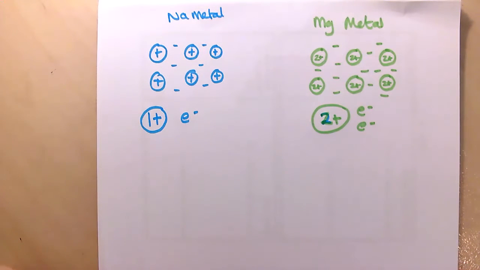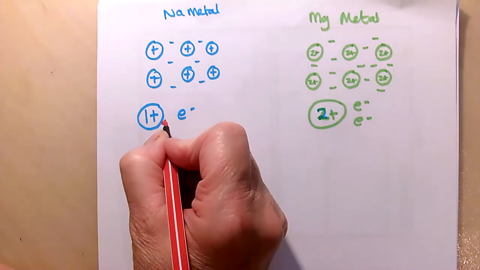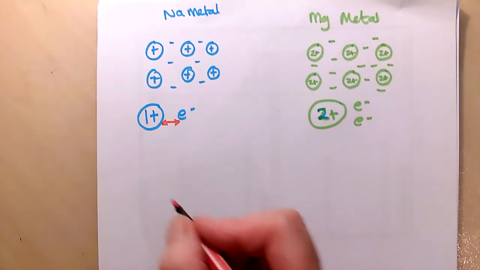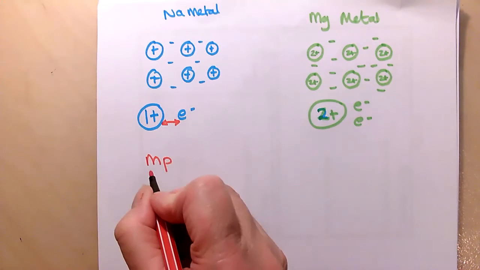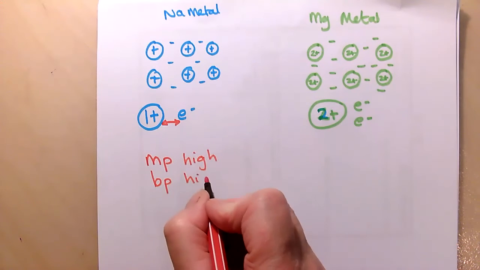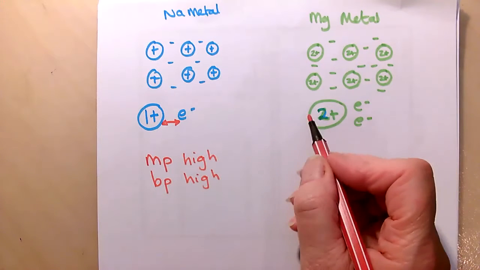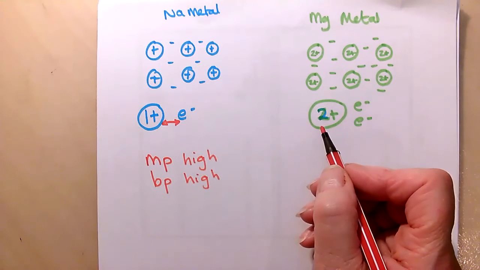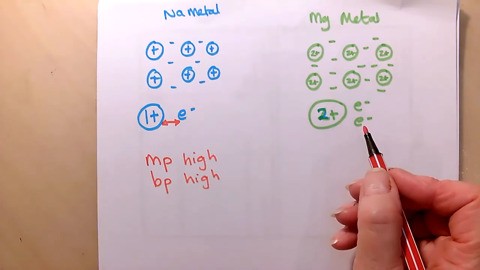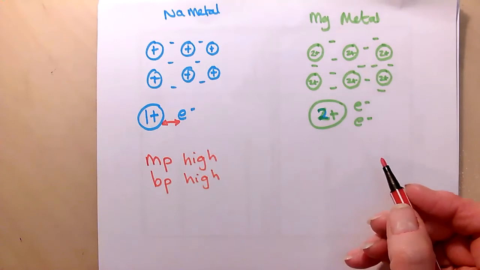So when we're looking at electrostatic forces of attraction, the bigger the charge, the greater the attraction. We know that the melting point and the boiling point are going to be high because metals usually have a high melting and boiling point. But here we've got a bigger positive charge attracting 2 negative electrons, so the forces of attraction are going to be much, much stronger.